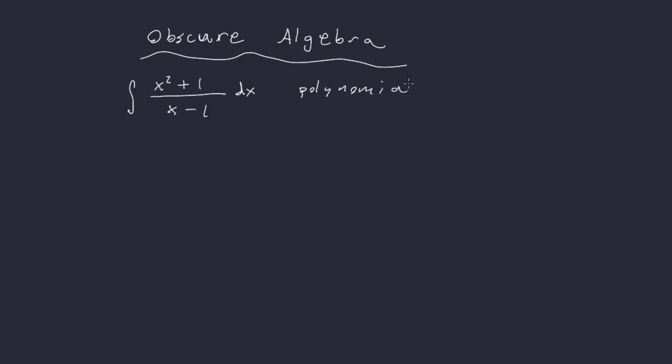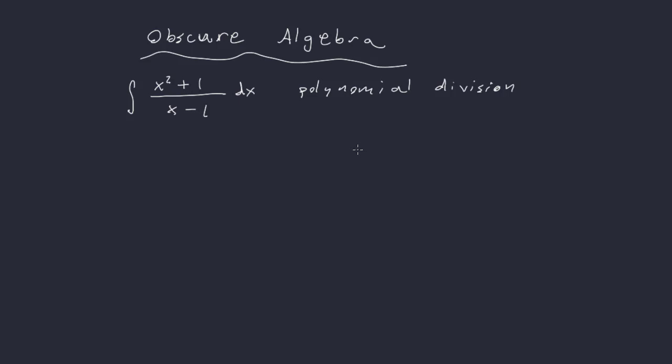Now, there are probably a few ways we could do this particular problem, but we could also simplify this integral using division. So if you don't remember how polynomial division works, say you have x squared plus 1 over x minus 1.